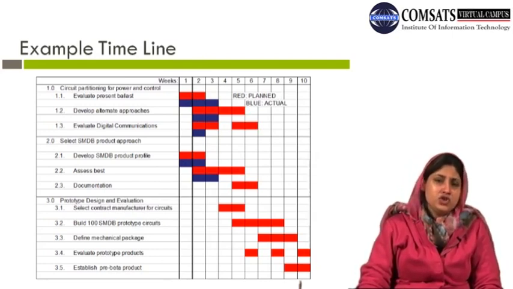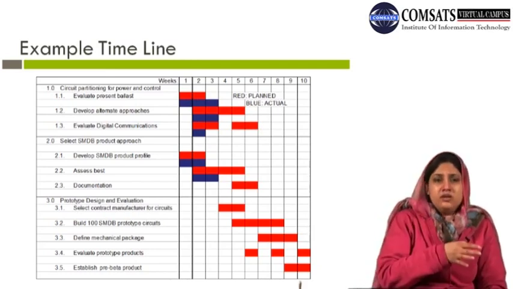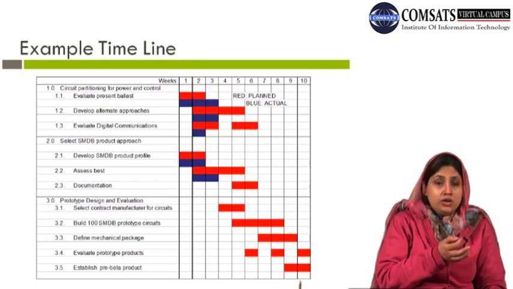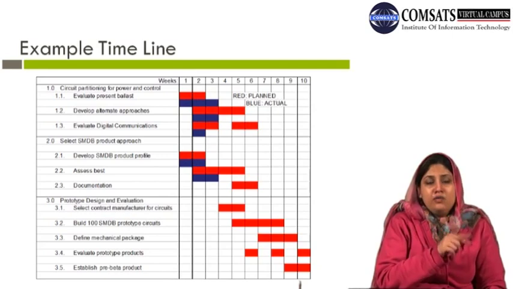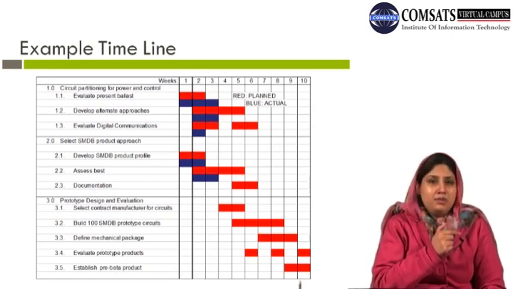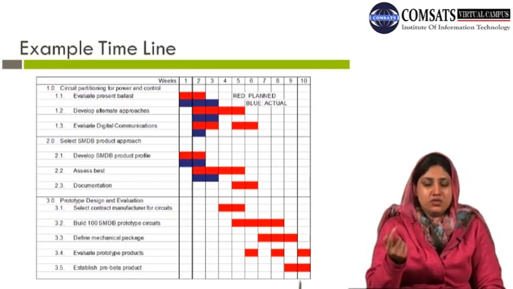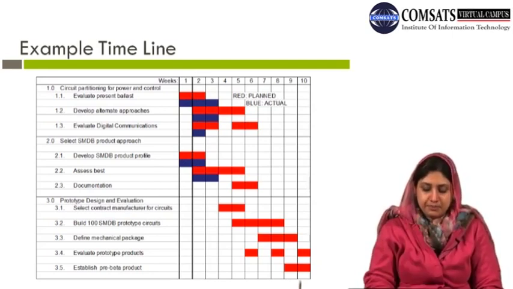However, there are a few things which are based on some other actions, and they are not independent actions. They are dependent. For that, you look forward to something else. So they can be planned, but for that you cannot write actual. So you can use different colors to differentiate between that.